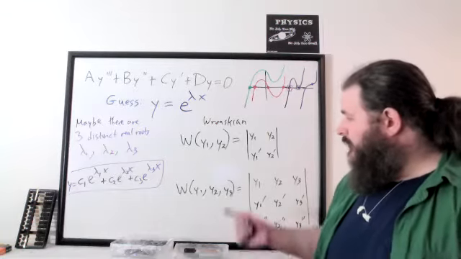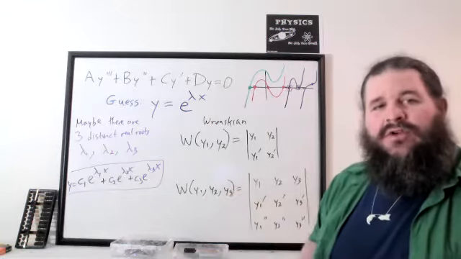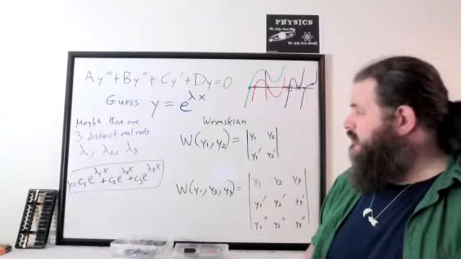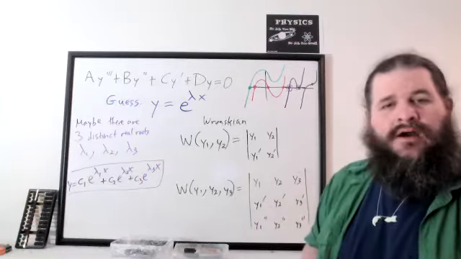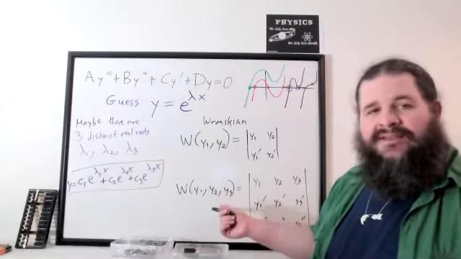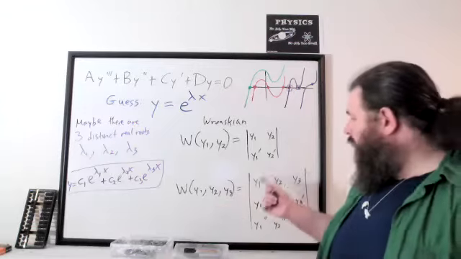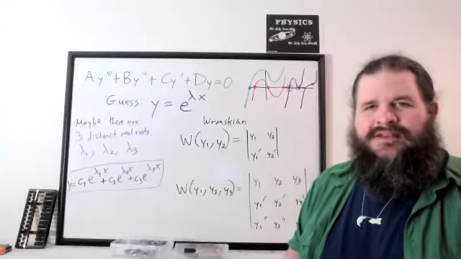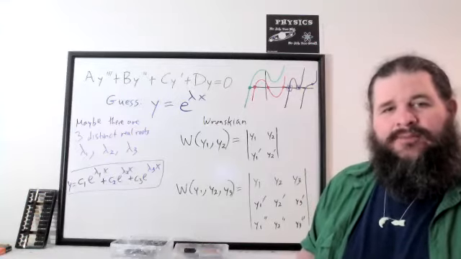So that's a really good way of thinking of the Wronskian. If the Wronskian is non-zero, then you know that the solutions y1, y2, y3 are linearly independent. On the other hand, if the Wronskian is equal to 0, that means y1, y2, and y3 are linearly dependent, which ultimately just means they're not genuinely different types of solutions.